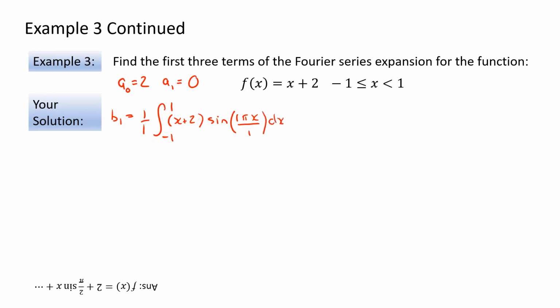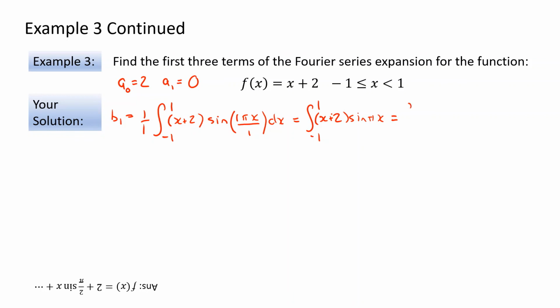Okay? So this becomes the integral from -1 to 1, because the 1 divided by 1 term is just 1, of x plus 2 sine of pi x. Once again, you can split that into two integrals because you have an x plus 2 term.